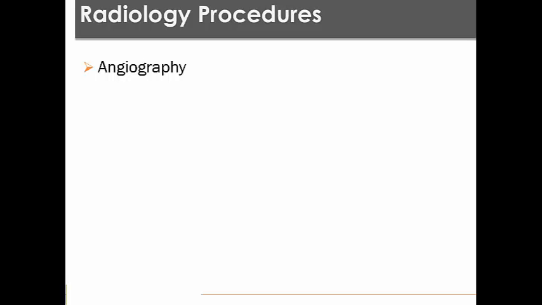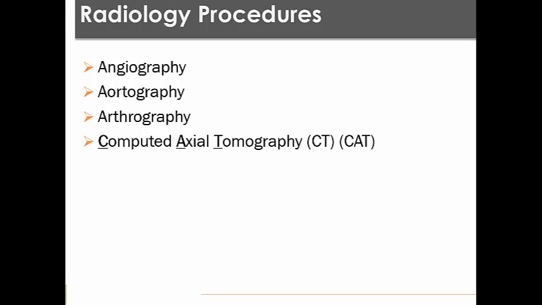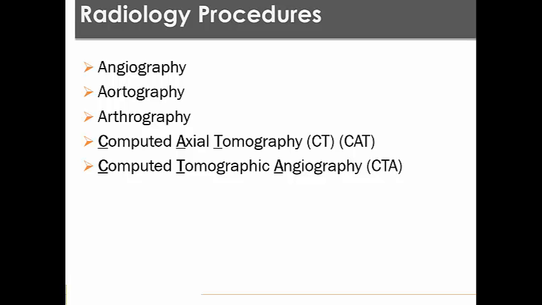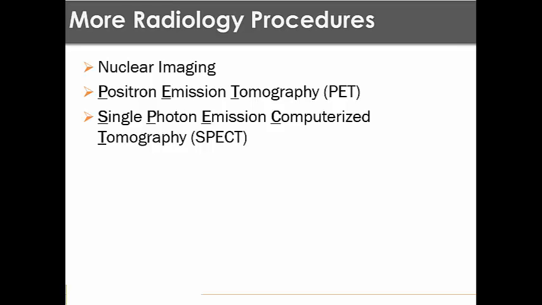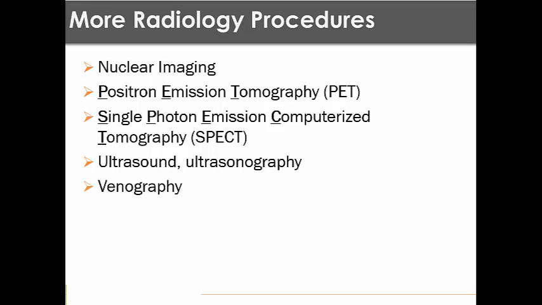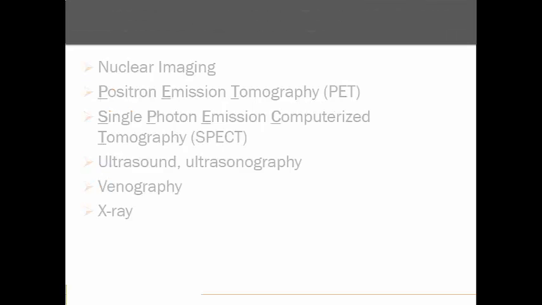You have your angiography, aortography, arthrography, your CTs, which is computed axial tomography, computed tomographic angiography, CTAs, cystography, fluoroscopy, MRIs, nuclear imaging, PET scans, which is positron emission tomography, SPECT scans, single photon emission computerized tomography, ultrasound, venography, X-ray, and that's your different sections.